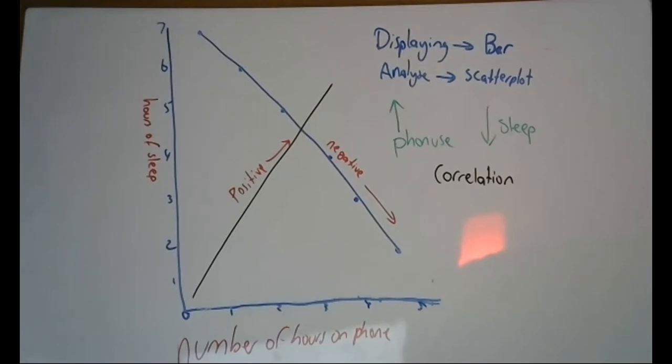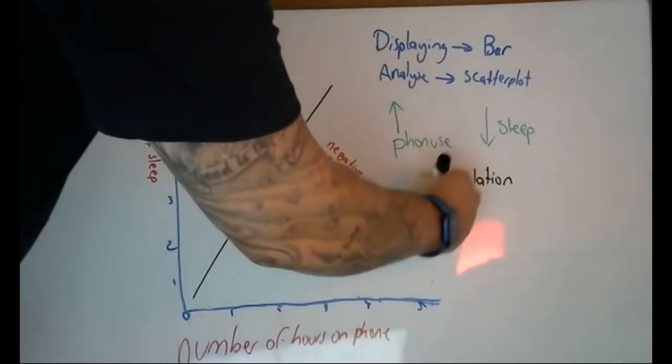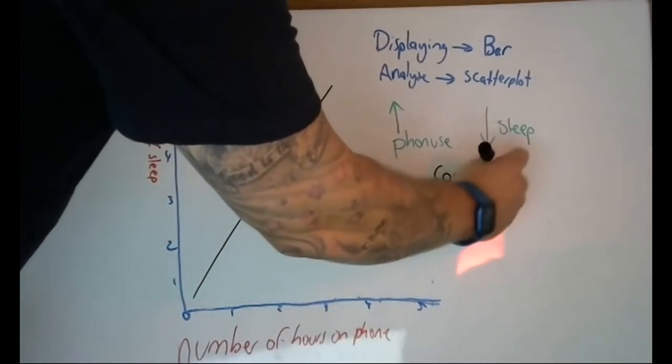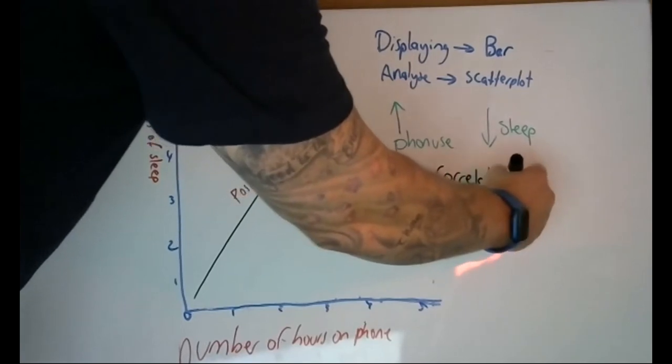Now, why is that important? So we need to know the slope and the midpoint of this line.